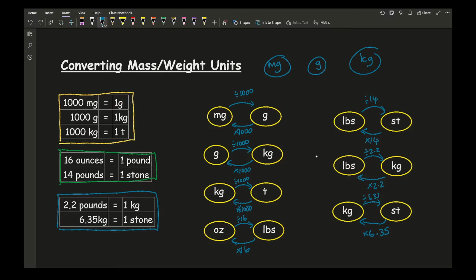So what I need to do is convert it first into grams, so do that by dividing by 1,000. And then I would divide that by another 1,000 to convert the grams into kilograms, giving me an overall division of 1 with 6 zeros, so it'd be a million, and there we can go from there.